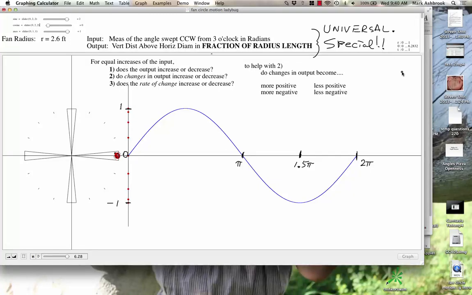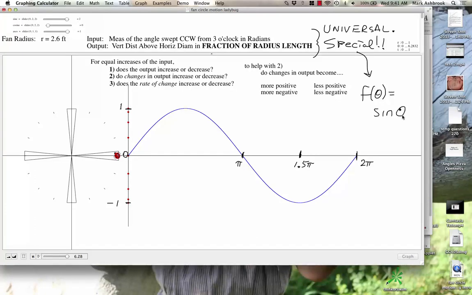And so that function, when you input the measure of the angle in radians, swept counterclockwise from 3 o'clock, and you output the vertical distance above the horizontal diameter in fraction of a radius length, there's a special name for that. Some of you know. What is it? So input is the angle, output vertical distance. This is called the sine.